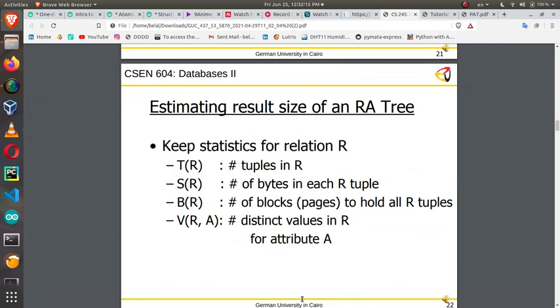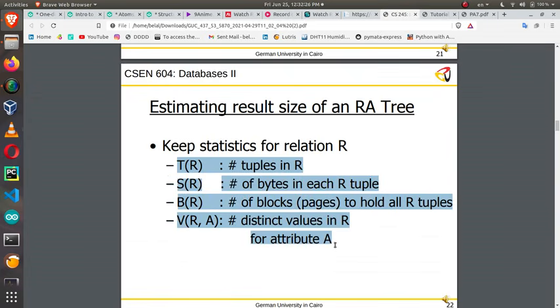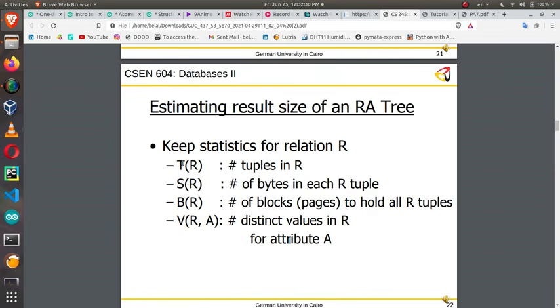So we have a set of statistics we need to know, because we are going to use them during all of the upcoming tutorials and all of the problems we are going to solve today. So we must be familiar with these notations or terminologies.